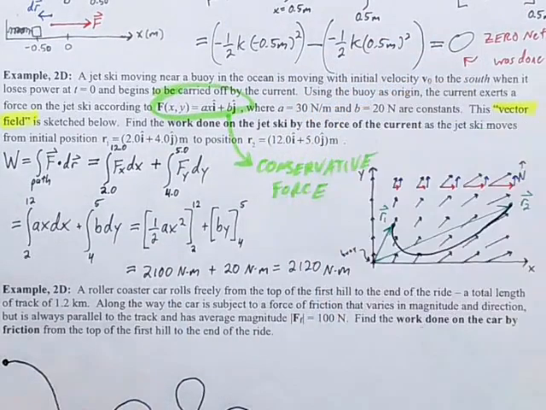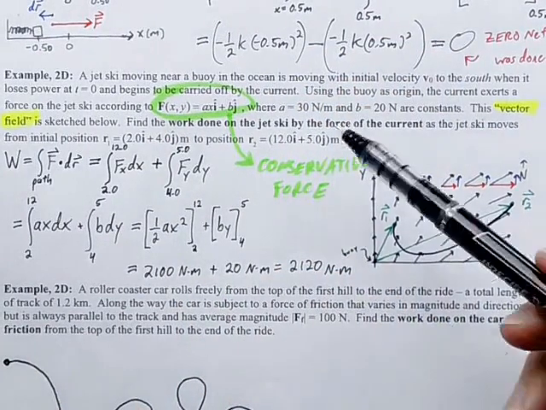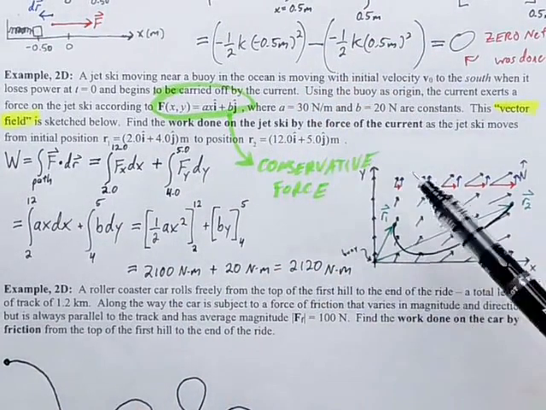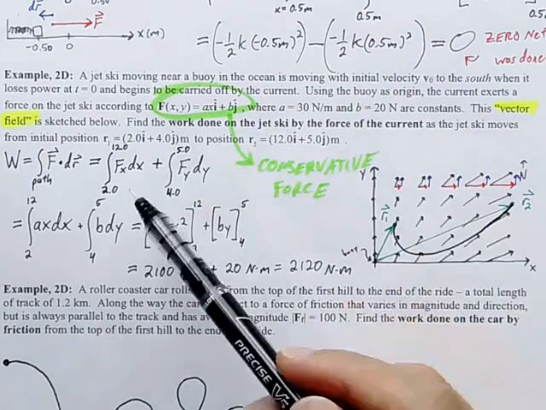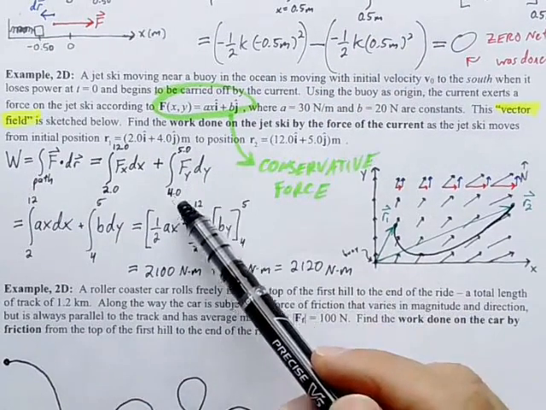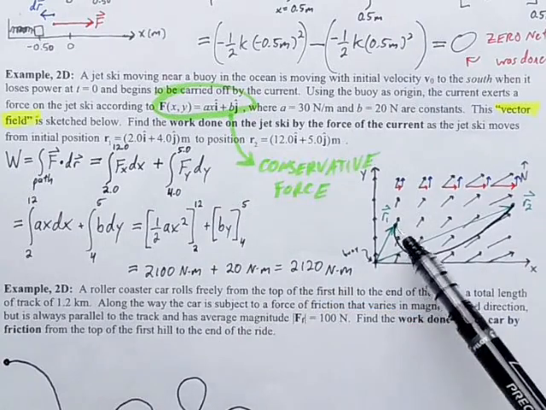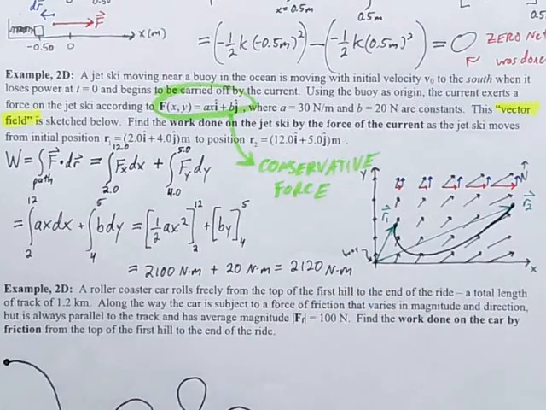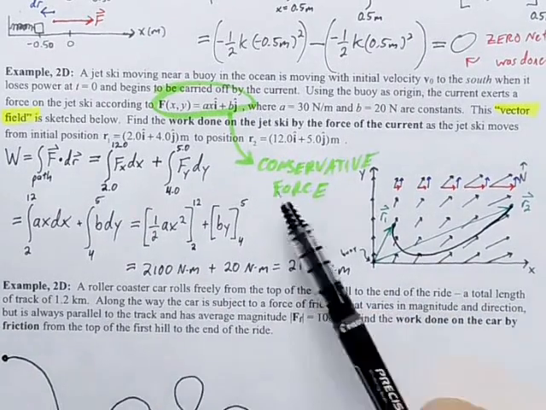This happens to be a conservative force because it is specifically a function of position. That's a topic to discuss another time. But for now, the point is that when you have a conservative force, you can easily set the limits knowing just your starting point and your ending point. You don't need to know anything about the path in between, and you don't even need to worry about any reversals in between. Conservative forces are very nice to work with in that way. Okay, so more on that topic another time.